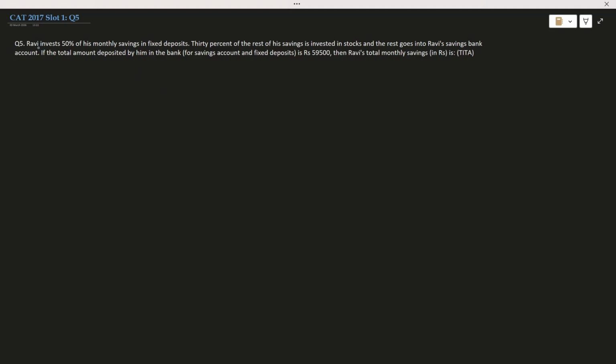So we are told that Ravi invests 50% of his monthly savings in fixed deposit. So let's say his monthly savings is 100x. 50% is invested in fixed deposit, which is basically 50x. What is the remaining?